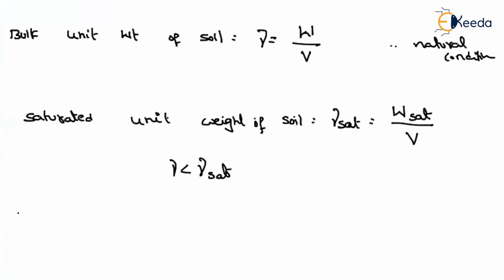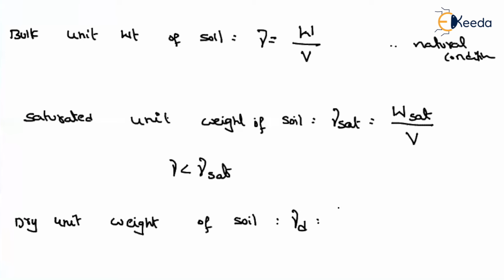And now let us talk about the dry unit weight of soil. It is represented with gamma subscript d. If the soil is in dry condition, how many weights will you have?